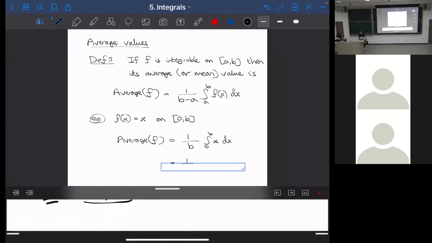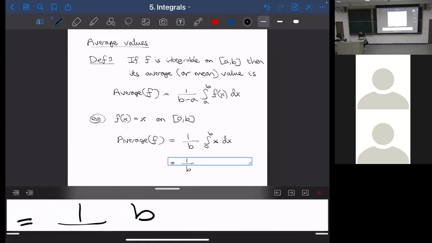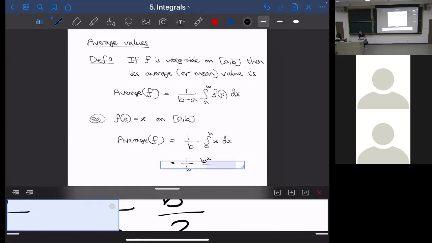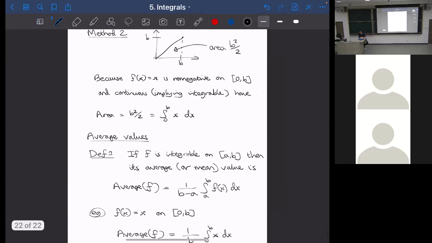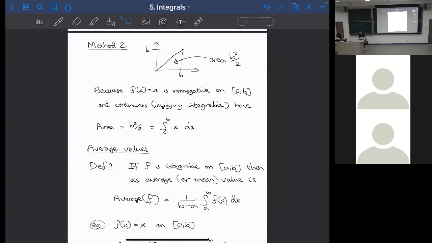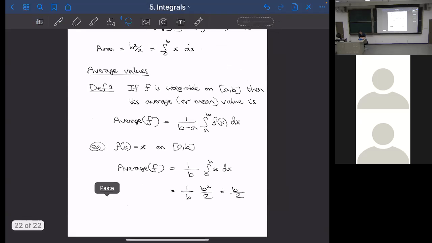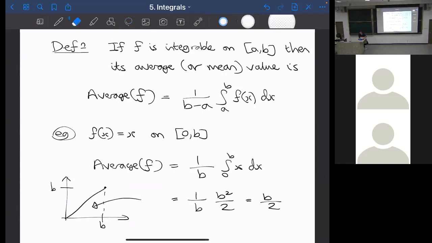And we saw that that is b squared over 2. And so the answer is b over 2. And that makes sense, looking at this graph, of course. So the average value, b over 2, is here.